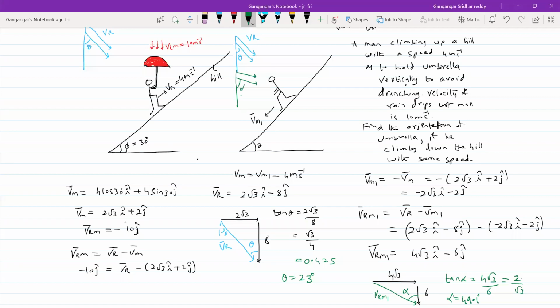Are you able to visualize that alpha is showing more than theta? And I should hold the umbrella against this. Getting some conditions. So this is what you should write. This is VRM1.